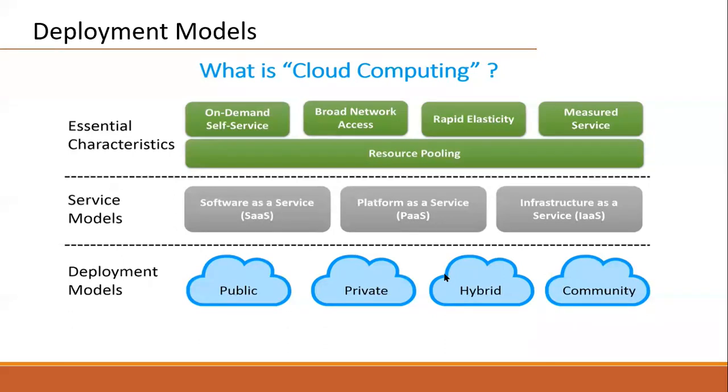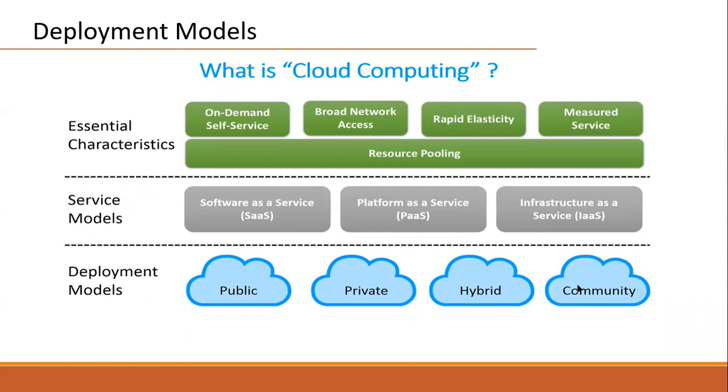Just remember, hybrid is a combination of public plus private. One client has some of their data in the public cloud in the Mumbai data center, for example an Amazon data center, and some data in their own local data center. With this combination, we are calling it hybrid cloud. So we have community cloud.